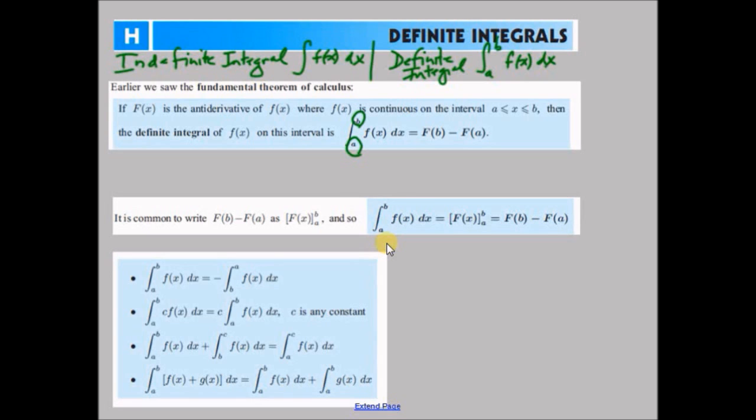Once we integrate, we take that integral, the original function, substitute in b for x because b is on top, and then subtract that from substituting a in for x because a is on the bottom. And we will end up with a numerical answer.